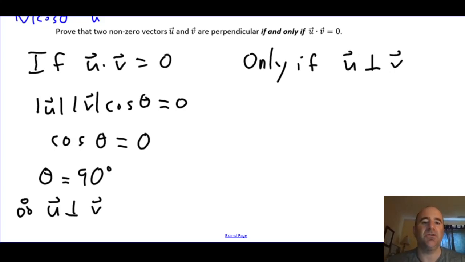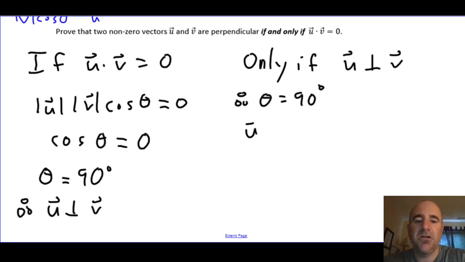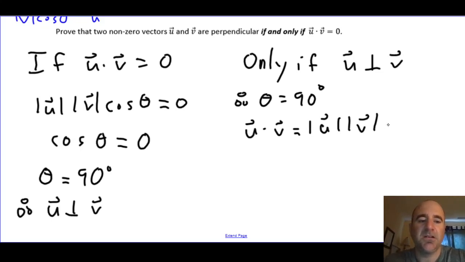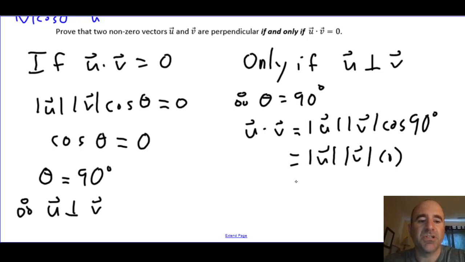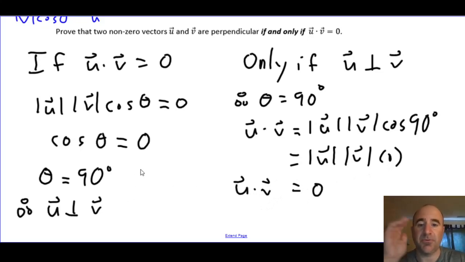So if u is perpendicular to v, then theta must be equal to 90 degrees since they're perpendicular, and u dotted with v is equal to the magnitude of u times the magnitude of v times the cosine of 90 degrees. Of course, the cosine of 90 degrees is 0, which gives us u dotted with v is equal to 0. And we've done the second part of the proof.